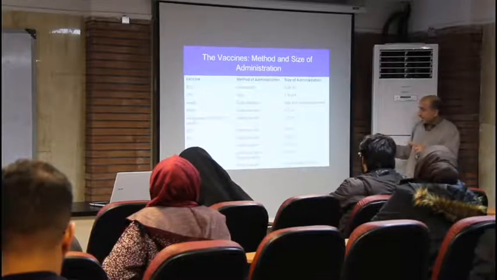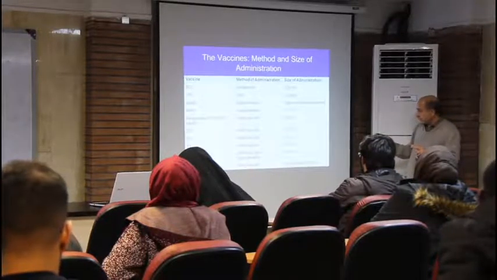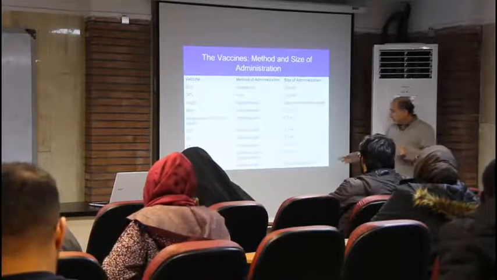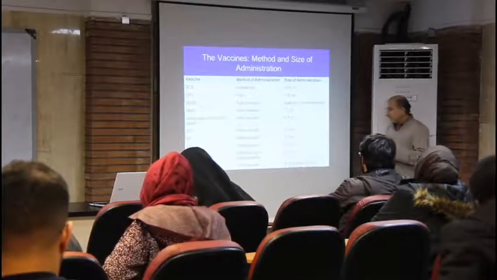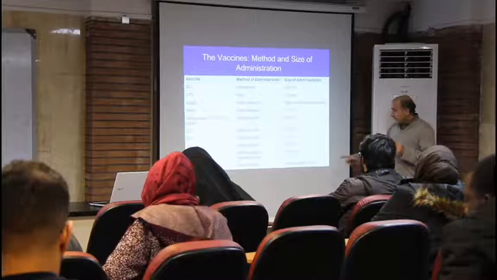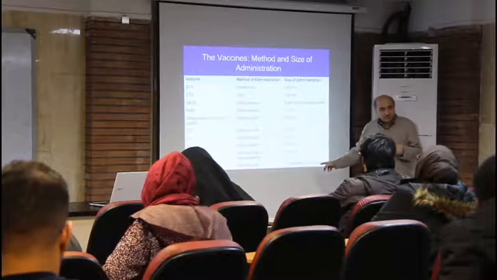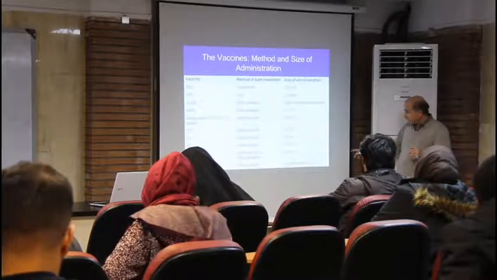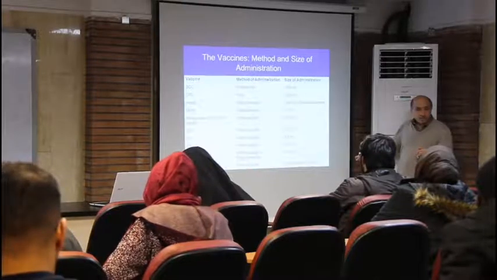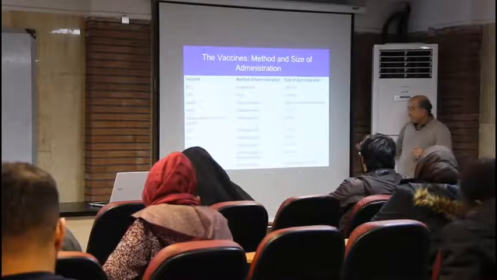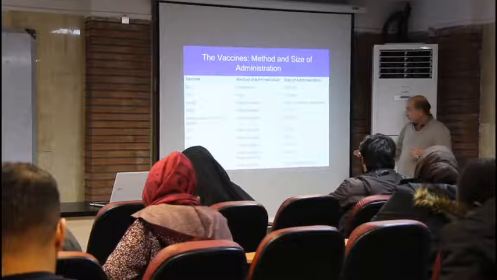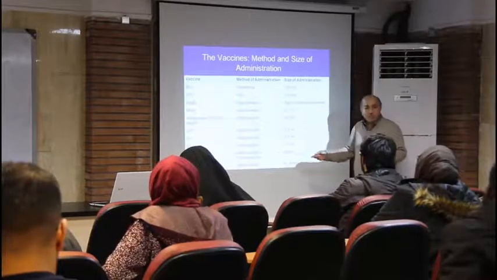And for influenza, it's intramuscular, and the dose depends on the age. Between 6 and 35 months, it's 0.25 ml. But for more than 35 months, you should administer 0.5.